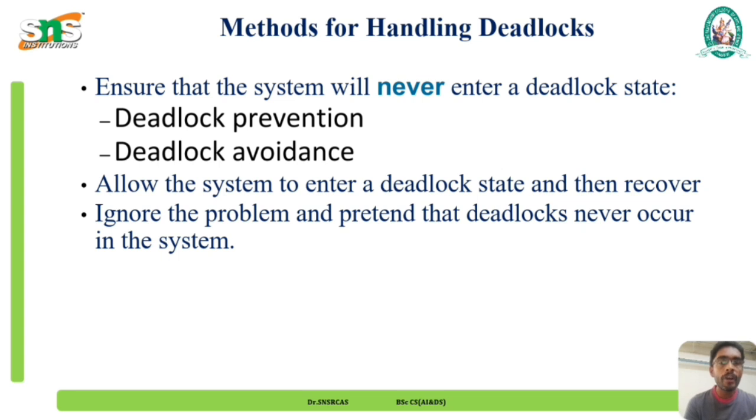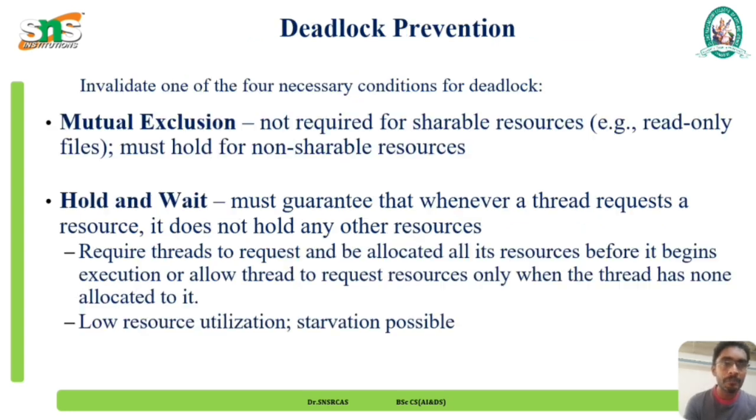And deadlock avoidance is, before entering into the deadlock state, you are supposed to detect whether there is any possibility of deadlock. Another approach allows the system to enter into deadlock state and then recover, or ignore the problem and pretend the deadlock never occurs in the system.